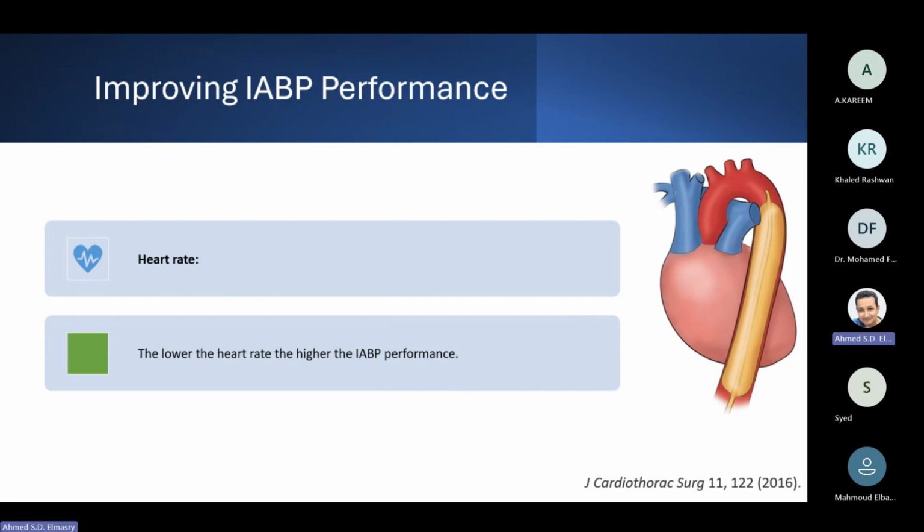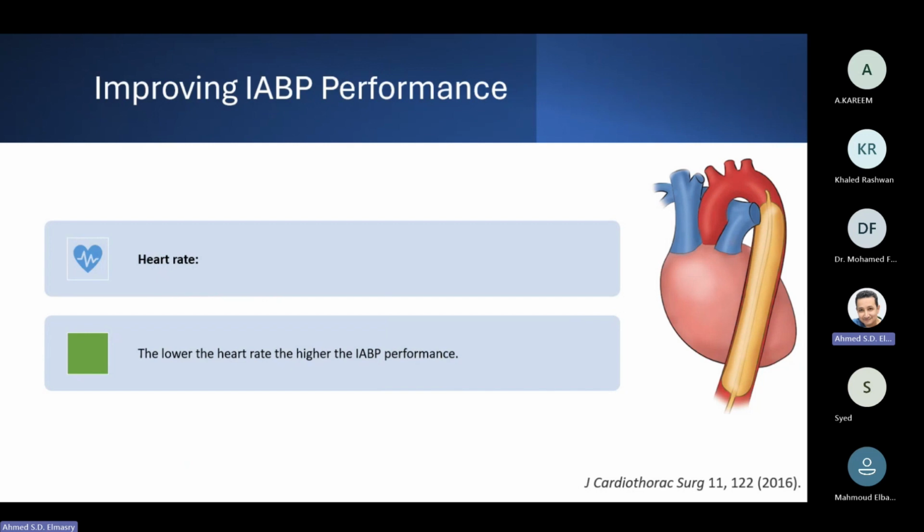The heart rate: as we know, the diastolic time is longer than the systolic time, and if we increase the heart rate, the diastolic time will be shortened, and the intra-aortic balloon works mainly during the diastole. So if we shorten the diastolic time with tachycardia, this will decrease the diastolic augmentation and you will not achieve your targets.